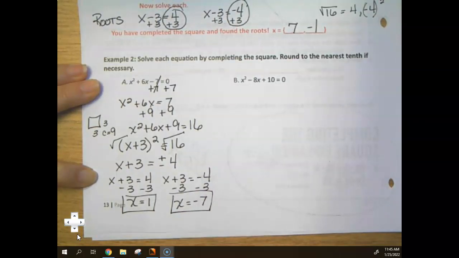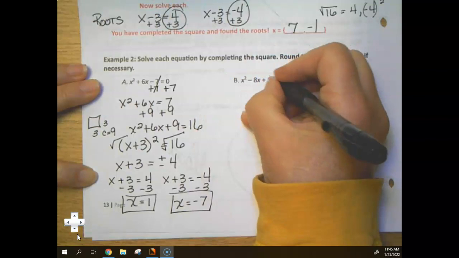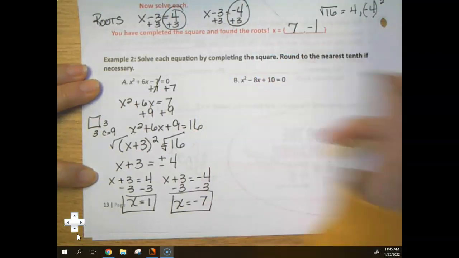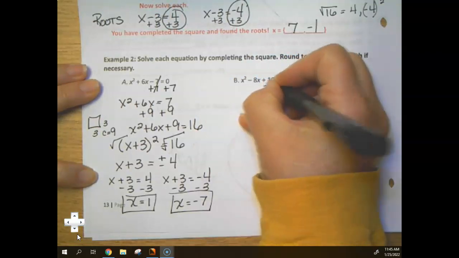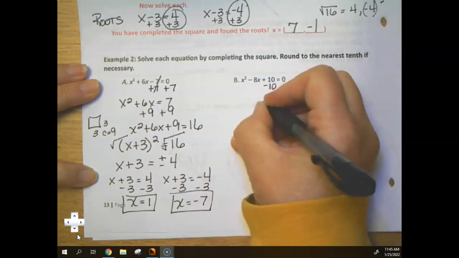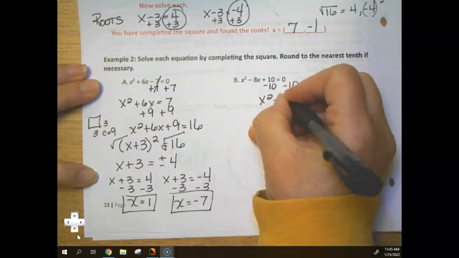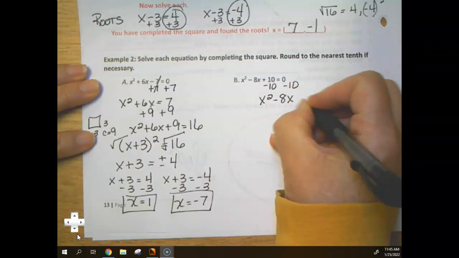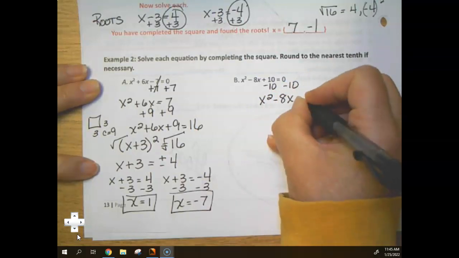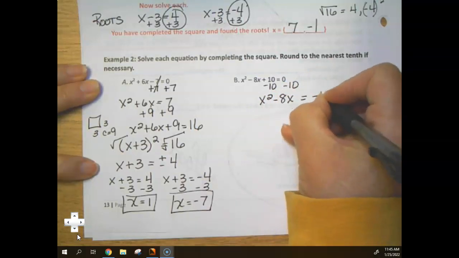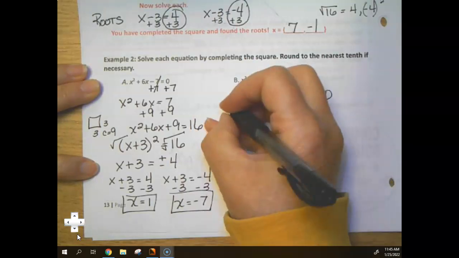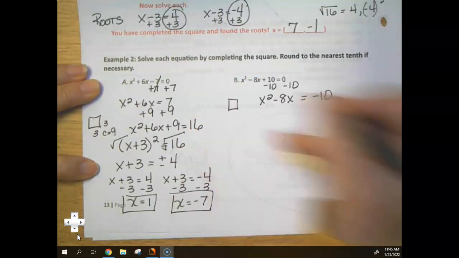Let's try it again. So again, we've got this thing, we can't do our cute little completing the square, so we're going to subtract 10 from both sides. I'm left with x squared minus 8x. If you want to leave a blank here, you can, but I'm just going to say equals negative 10. Okay, let's do our cute little completing the square.